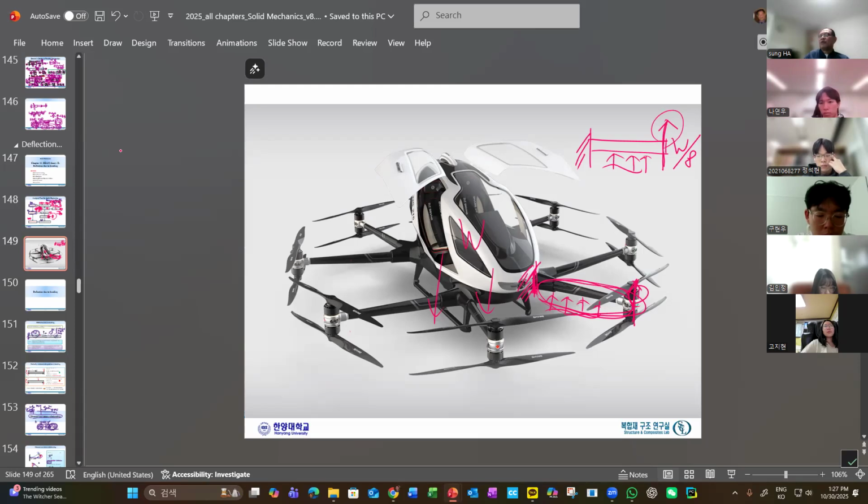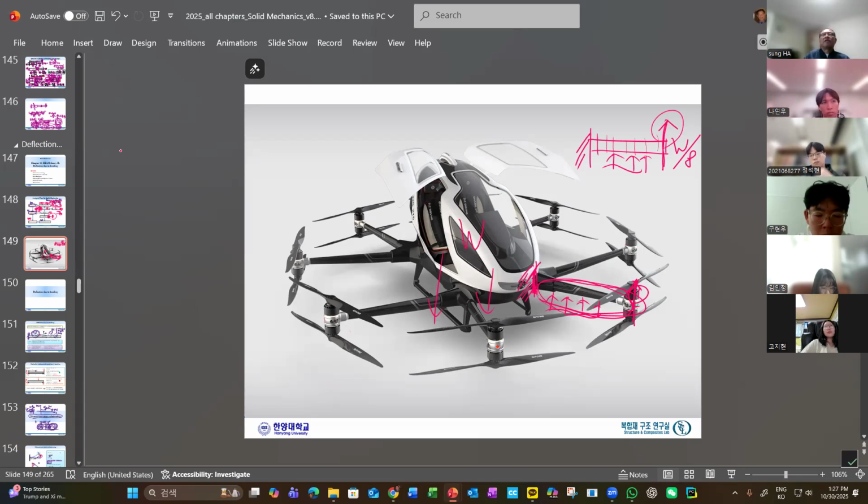We engineers need to be able to model the structures like this. Then we can solve it. It means finding how the moment is distributed and how much stress we have.